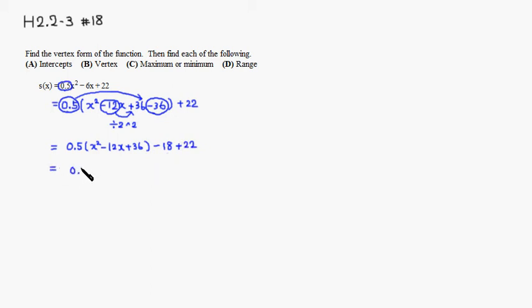0.5. Then this is going to be x, and the number is 1/2 of this number. So you divide by 2, so that's negative 6 squared, and negative 18 plus 22 is plus 4. So let's type that in.